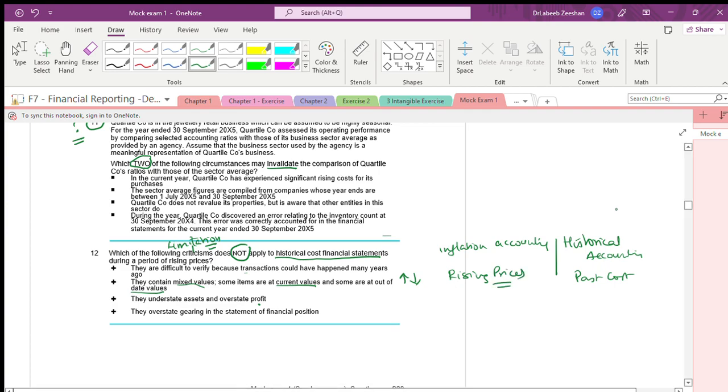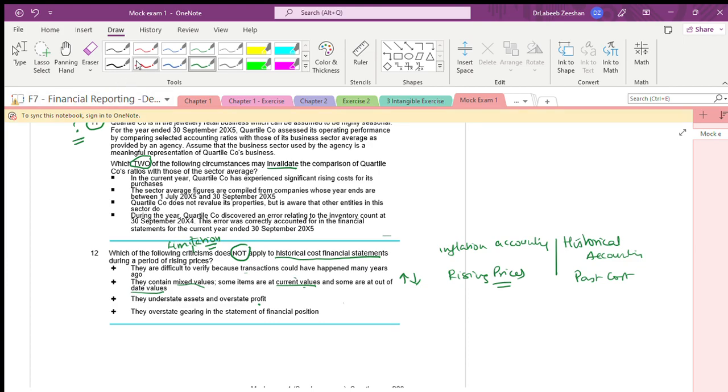Now, which is not applied to historical cost? Which of the following criticisms does not apply to historical cost? They contain mixed values, some are current values, some are out of date. See, historical cost is past values only.